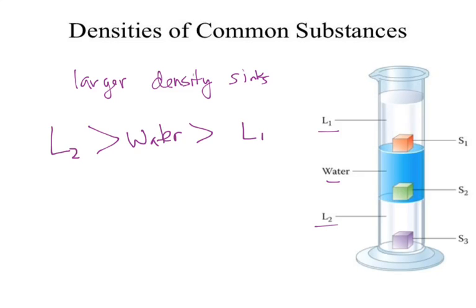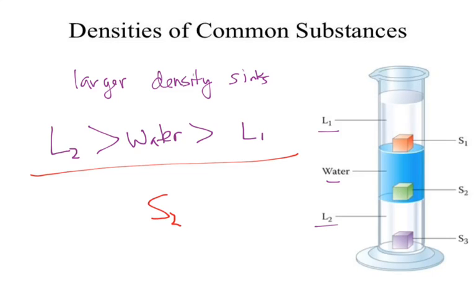What happens if we shift to the blocks now? So now the blocks get a little bit more interesting. What can you tell me about the density of, let's do block S2? Not as dense as S3. Okay, so we could compare it to the solids, but is it interacting with the solids? No. So let's look at how it's interacting with the liquids.